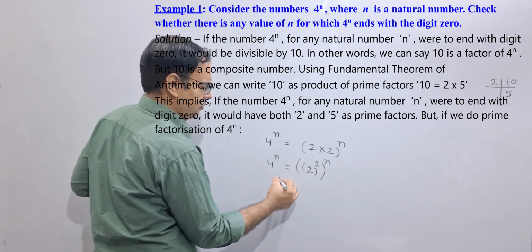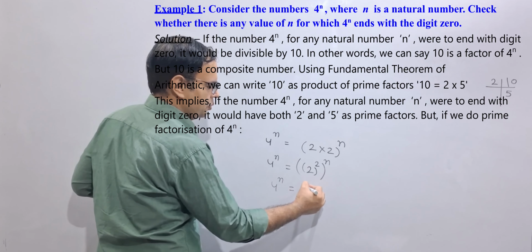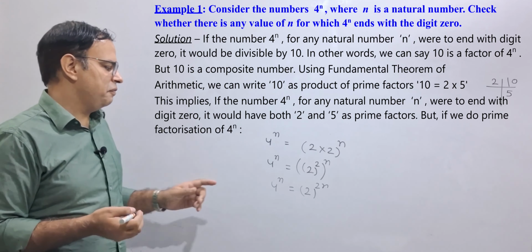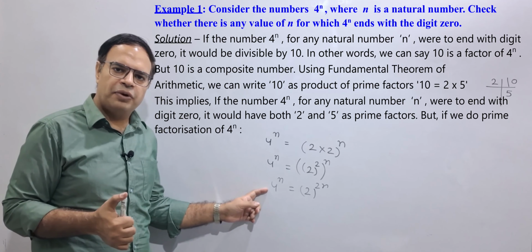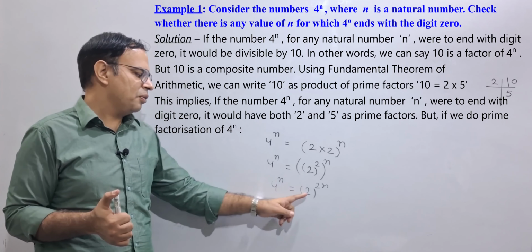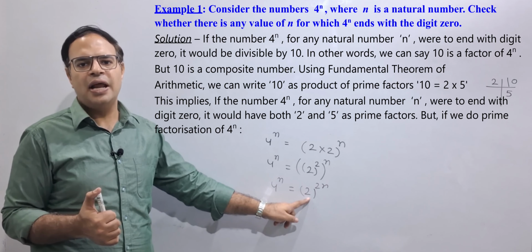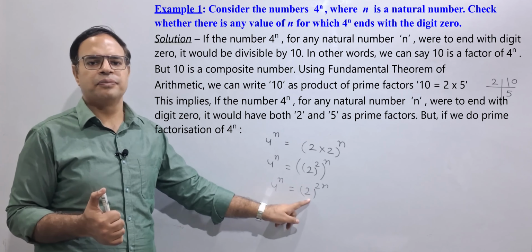Or you can write 4 raised to n as 2 raised to 2n. So in this way, if we do prime factorization of 4 raised to n practically, we get only 2 as a prime factor. 5 is missing here. So it can never end with the digit 0.